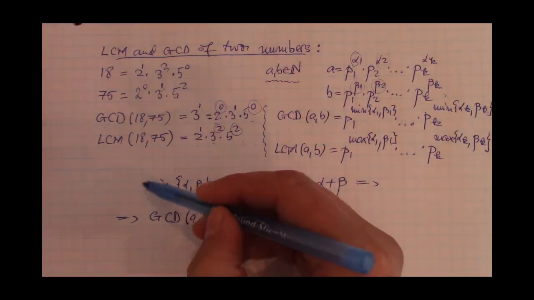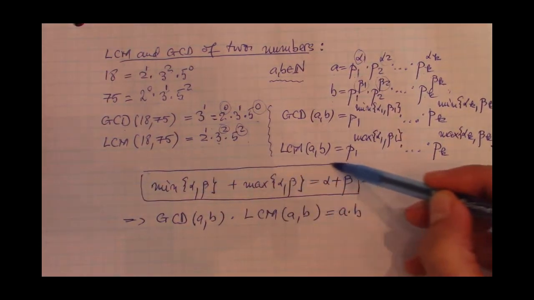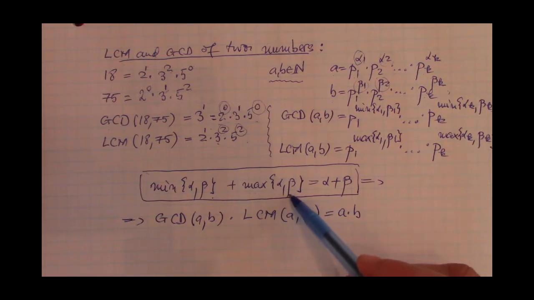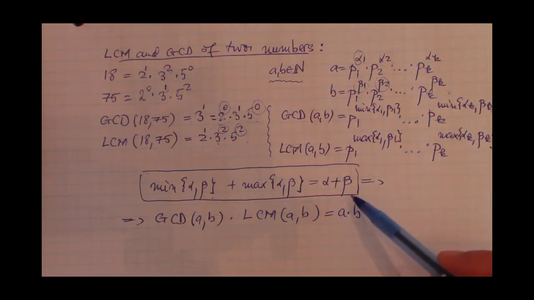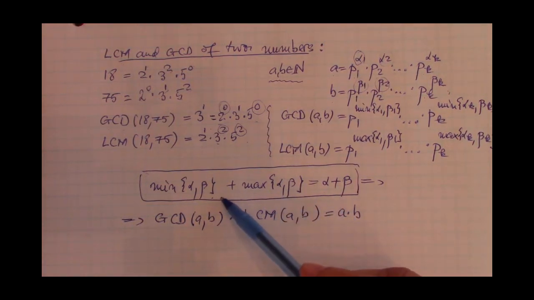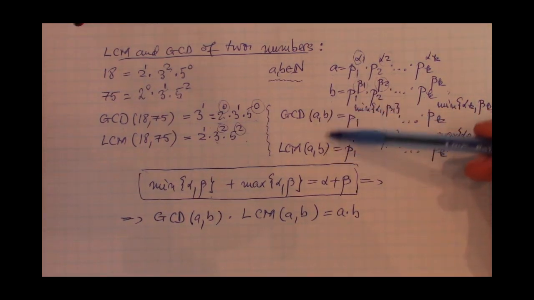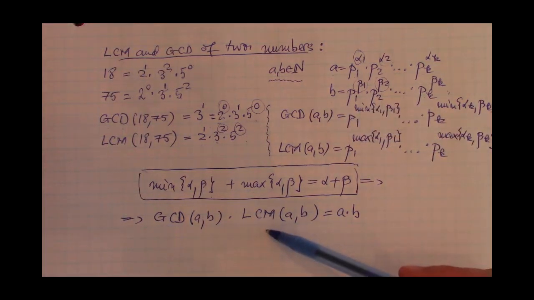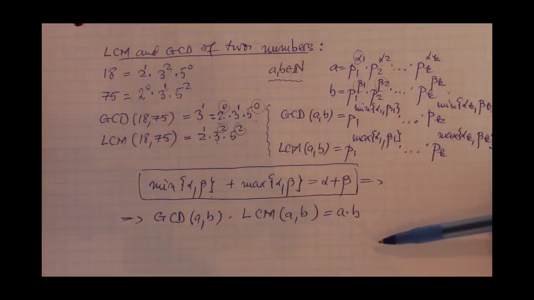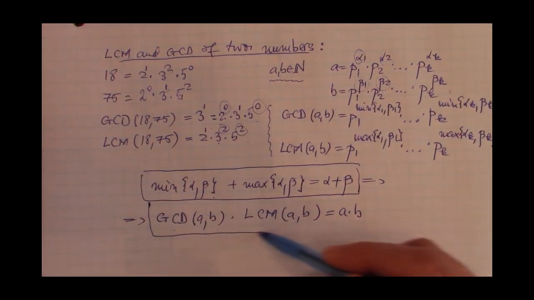But if we notice a very simple equality that says the minimum between two numbers alpha and beta plus the maximum between the same two numbers is equal to alpha plus beta, and maybe the eager student would like to stop the video now and check this equality, then by multiplying the GCD of A and B and the LCM of A and B, and applying some basic formulas involving powers, we realize that GCD of A and B times LCM of A and B is just the product of the two numbers.